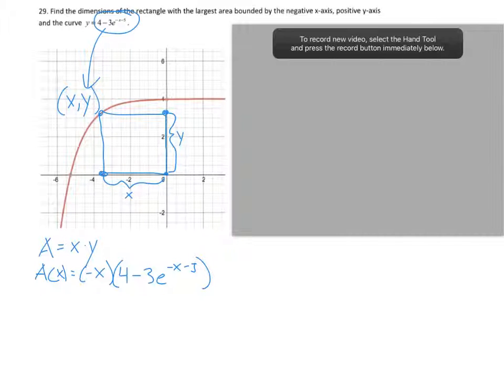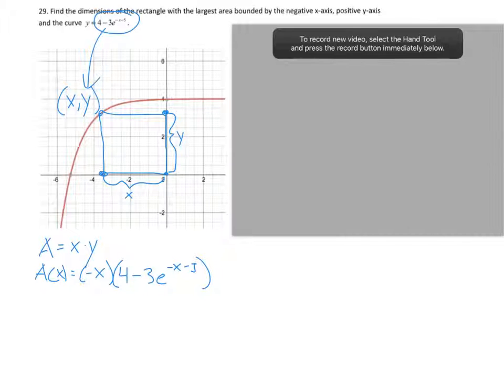I go to tab and I enter x, or this time negative x, times parenthesis 4 minus 3e, and I used my e to the x button, to the negative x minus 5. And then I hit enter, and I get positive values for my area.